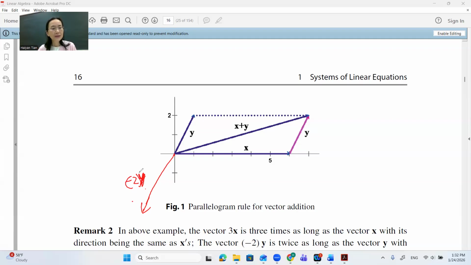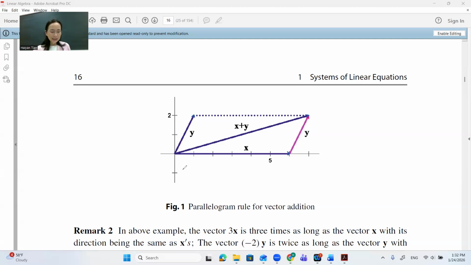If it's a negative number times y, then you get a vector in the opposite direction of y, but twice as long.